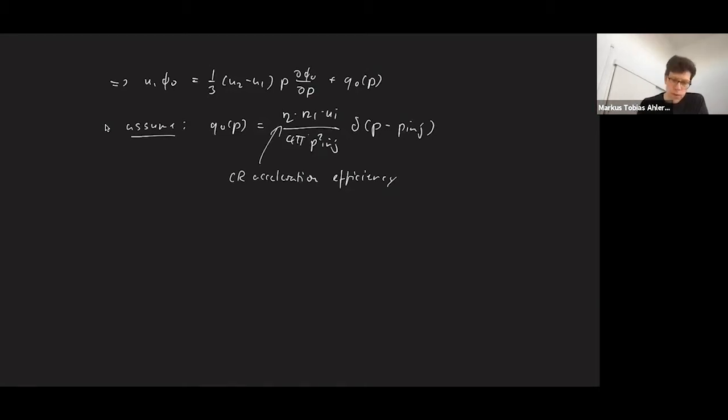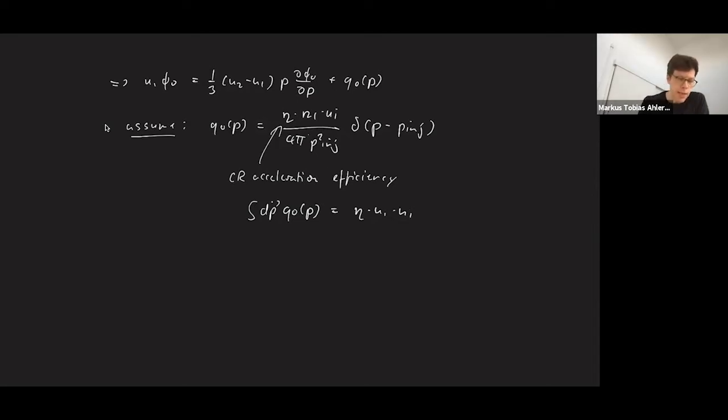And if you now integrate the phase-space distribution over the momentum with this prefactor, you will have eta times U1 times N1.